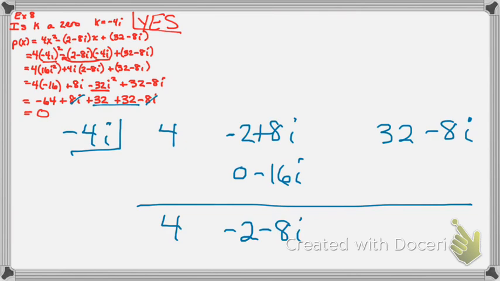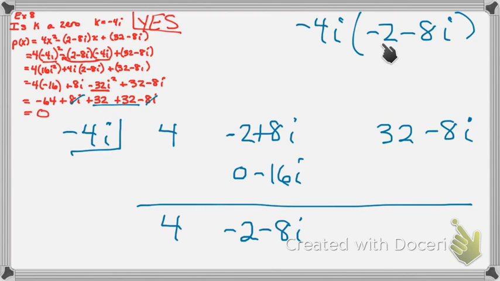All right. So the next step is always to take whatever's down here times this. Now remember that you have 2 terms. So I'm going to do this as a side note up here. I'm going to take negative 4I times negative 2 minus 8I. What is negative 4I times negative 2?